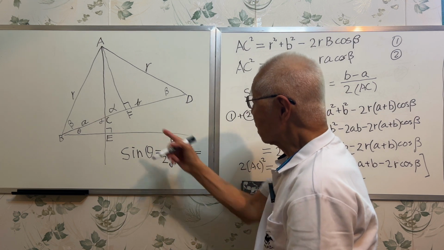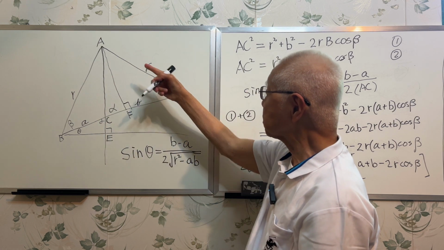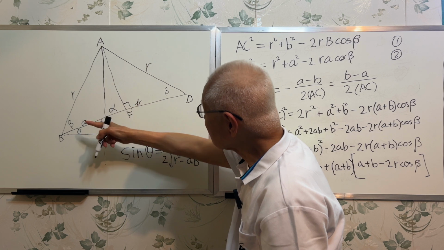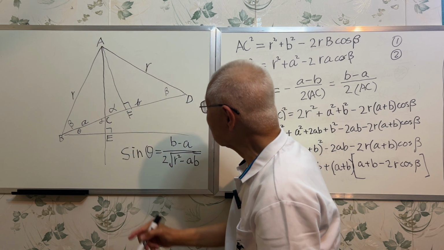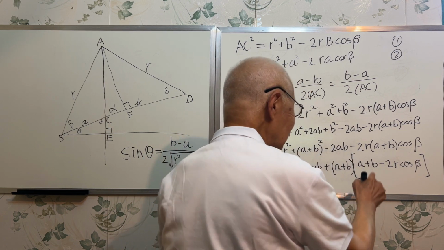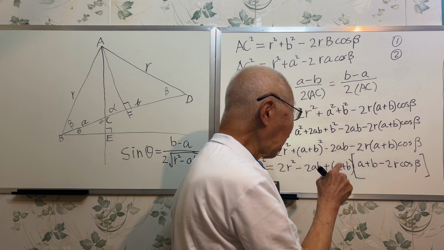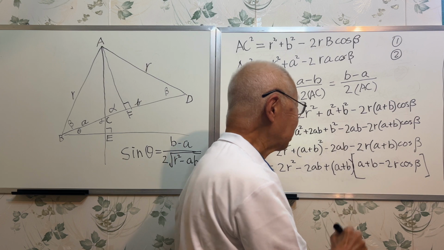But this is also beta because this is an isosceles triangle. So from this part, r cosine beta is BF. 2r cosine beta, I can consider as r cosine beta plus another r cosine beta.